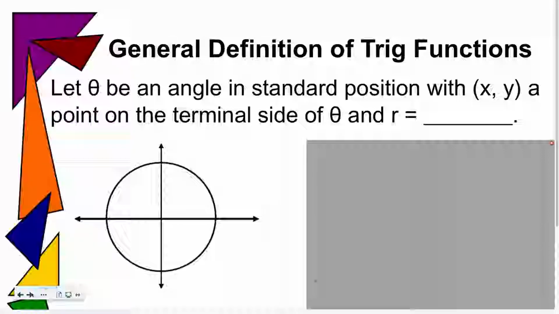So I've got this picture here. I'm going to draw an angle in standard position. Initial side on the positive x-axis, right? Terminal side, I'll just draw it somewhere in quadrant 1. And (x, y) is a point on the terminal side, and then if we were to swing that terminal side all the way around, then we create that circle with radius r.